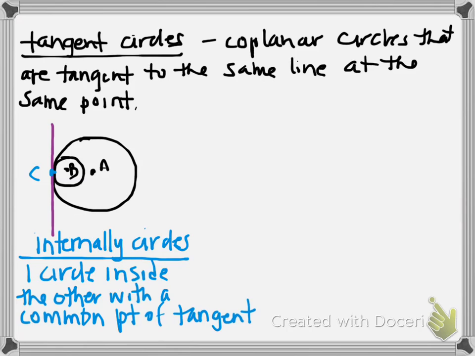So what do you think the externally tangent circles would look like? Dakota? Yeah. We've got not one inside of the other, one butting up to each other. But exactly how many points do they have in common? Only one. So let's see if I can draw that picture.